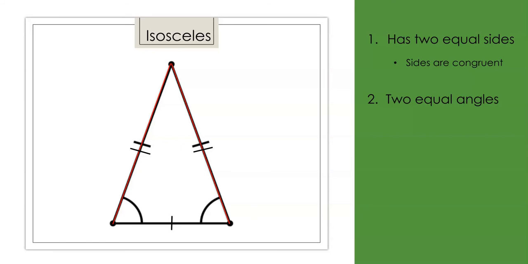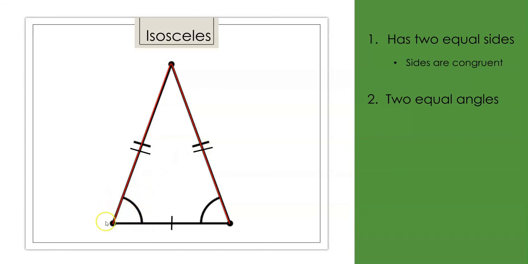Now, how do I know that these 2 angles are equal and not the angle up here on the top part? The leg of the triangle matches with the opposite angle of the triangle. So the opposite to the leg is this angle right here.